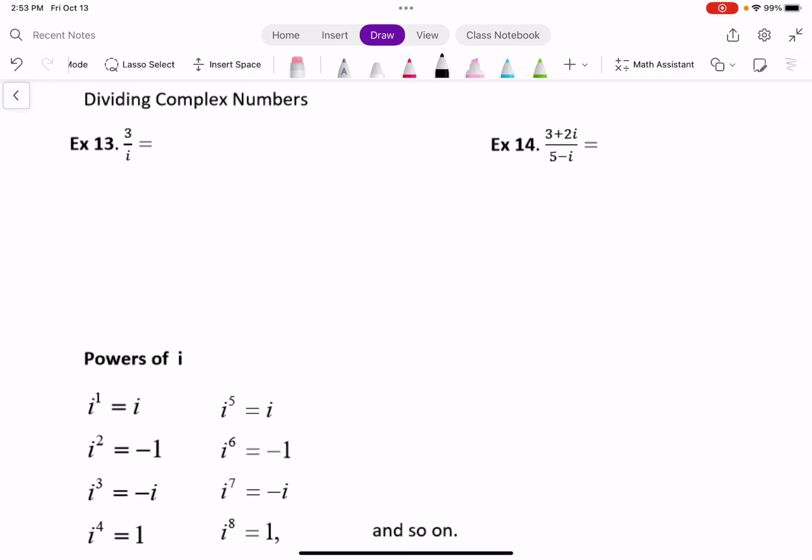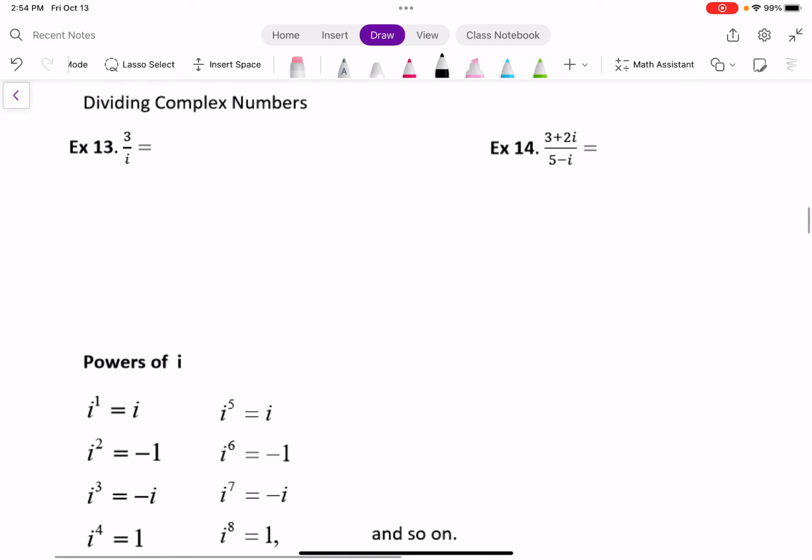All right, let's see dividing complex numbers. Dividing a complex number is very similar to how we rationalize a fraction. So we do not want to have an i at the bottom of the fraction. What should I do? If I have the i at the bottom, what is i squared? i squared is -1.